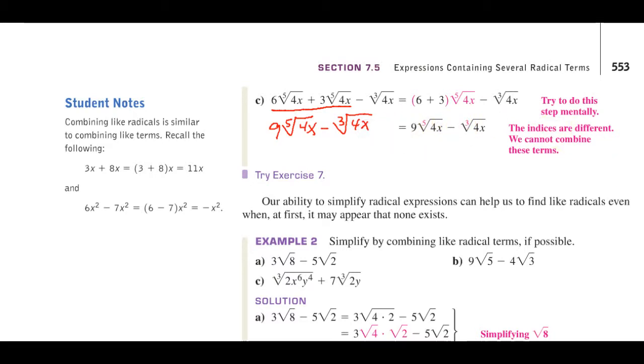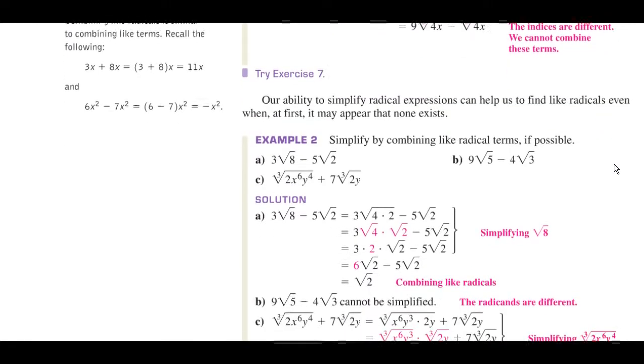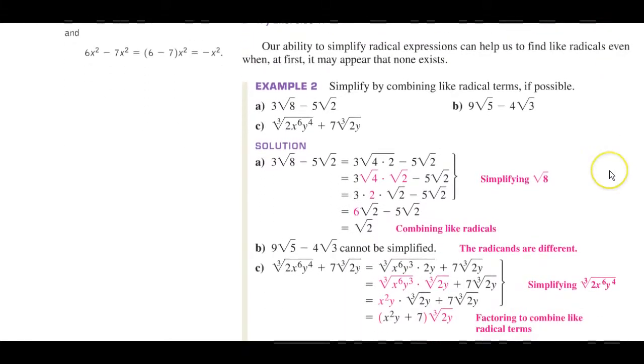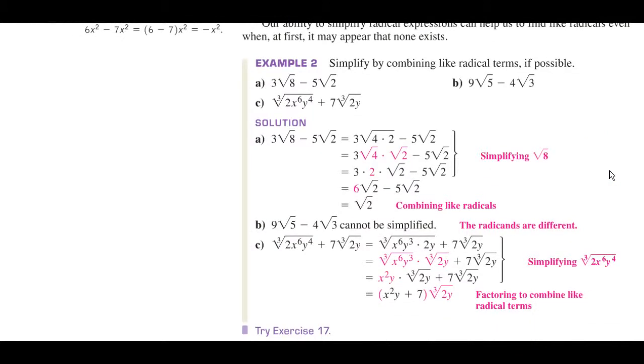Now this next one is the one I illustrated in the previous tape, but let's take a look at it a little more carefully this time. So as we look to simplify this, we have 3, the square root of 8, minus 5, the square root of 2.